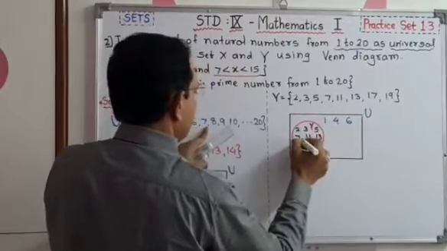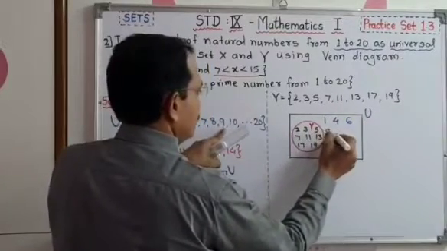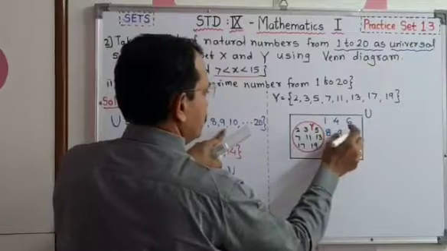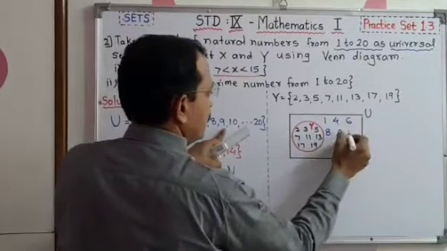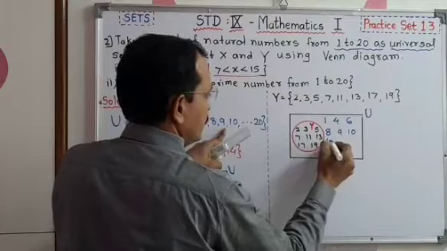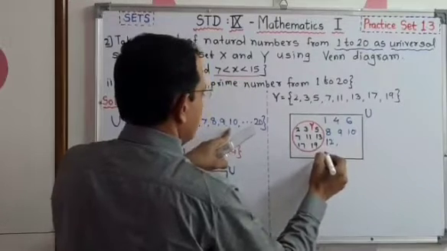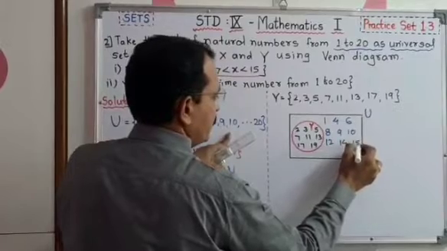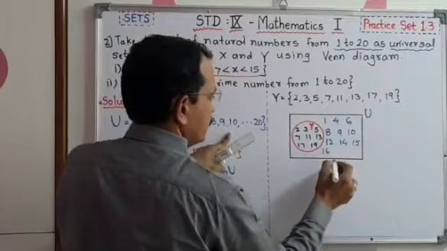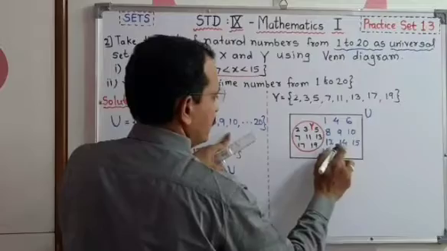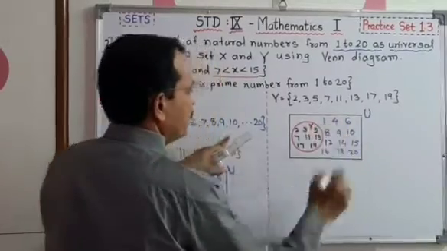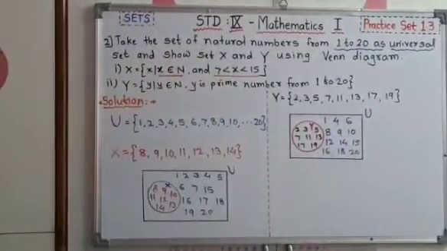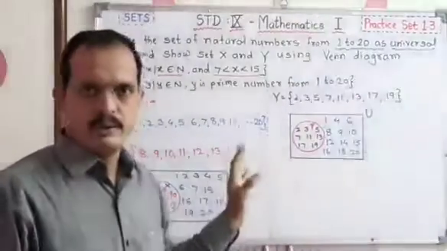Then 7 is there, 8, 9, then 10, 11 is there, 12, 13 is there, then 14, 15, 16, 18 and 20. This is the representation of set Y by Venn diagram.